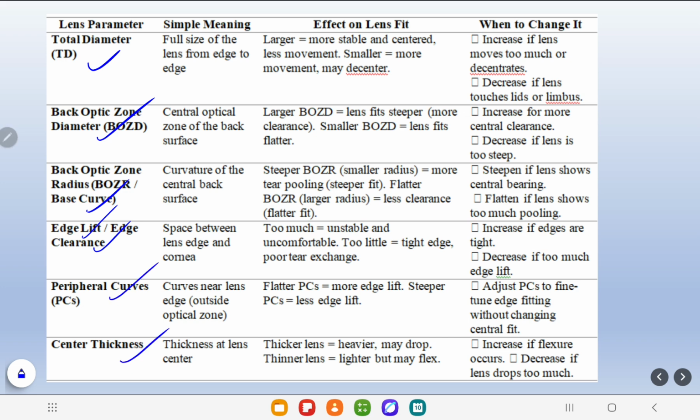Peripheral curves and central thickness, how they differ, and what effect they have on the lens fit. What happens if the total diameter is more, if we are increasing total diameter, increasing BOZD, increasing BOZR, and everything. So it's better you pause the video and read these things.